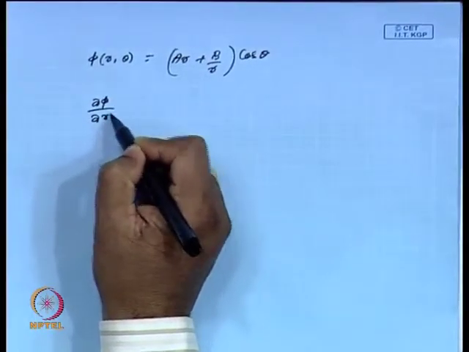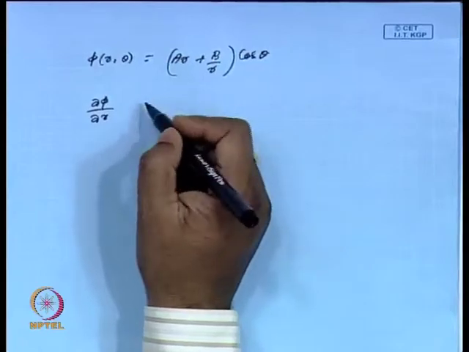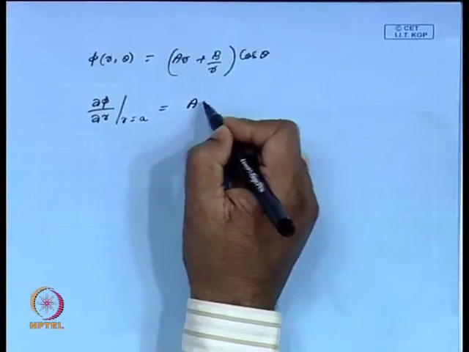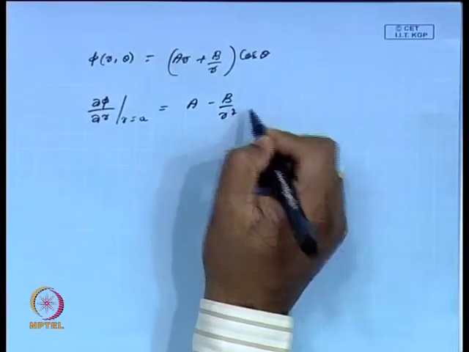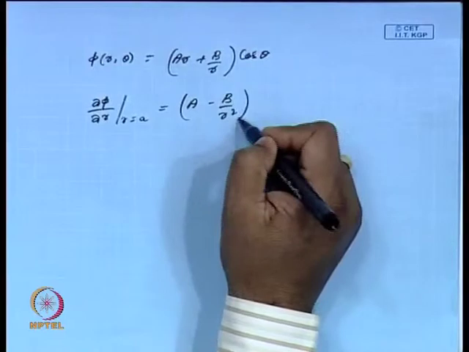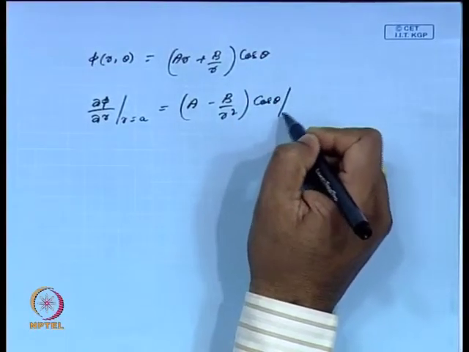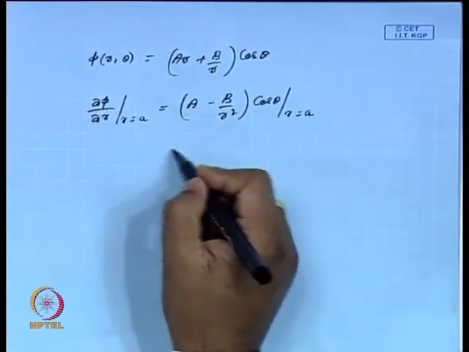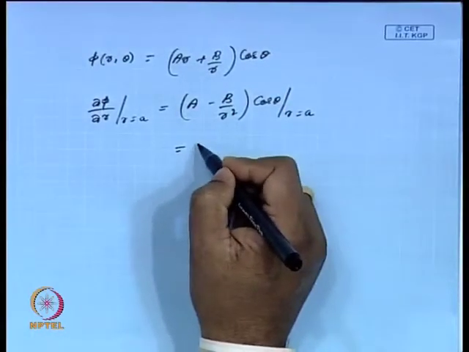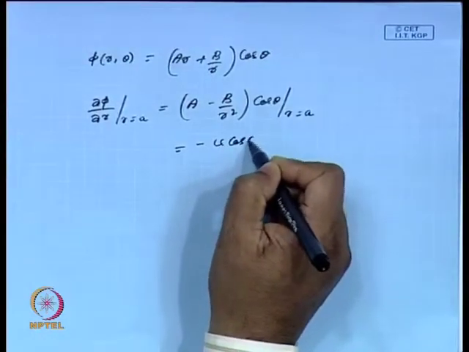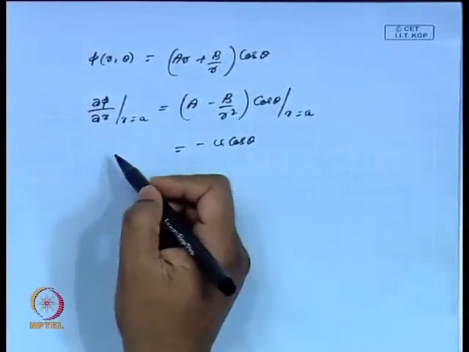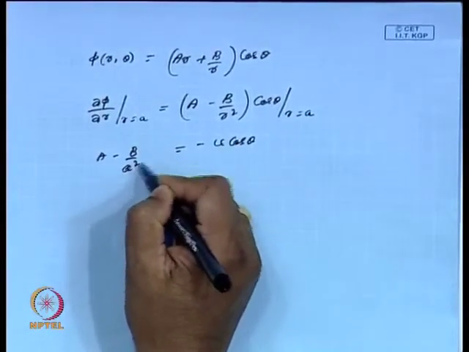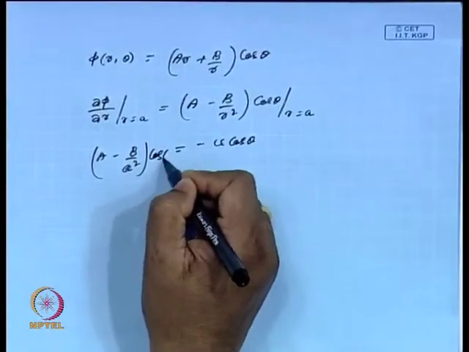I have to apply the two boundary conditions. Del phi by del r at r is equal to a will be (a minus b by r square) into cos theta, at r is equal to a, and this itself gives me minus u cos theta. The left side gives me (a minus b by a square) into cos theta.